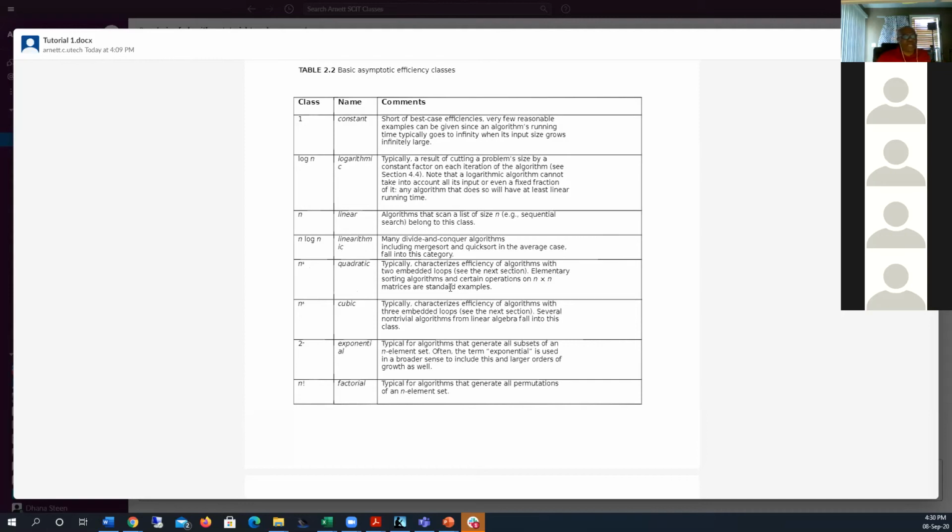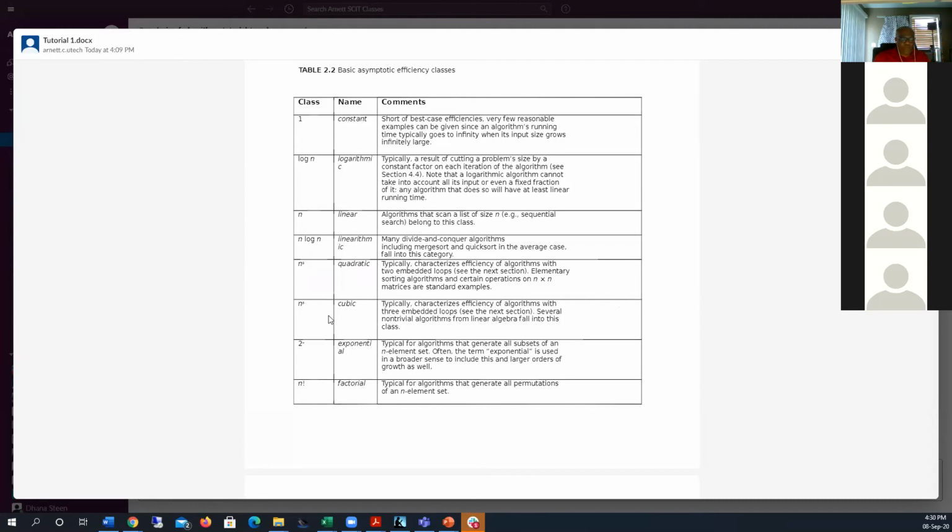For example, the outer loop would say for i equal 1 to n, and the inner loop would say for k equal 1 to m, where m and n are equal. Both of them are equivalent, so the worst case behavior would be n multiplied by n. That would give you n squared behavior, and that would be quadratic.